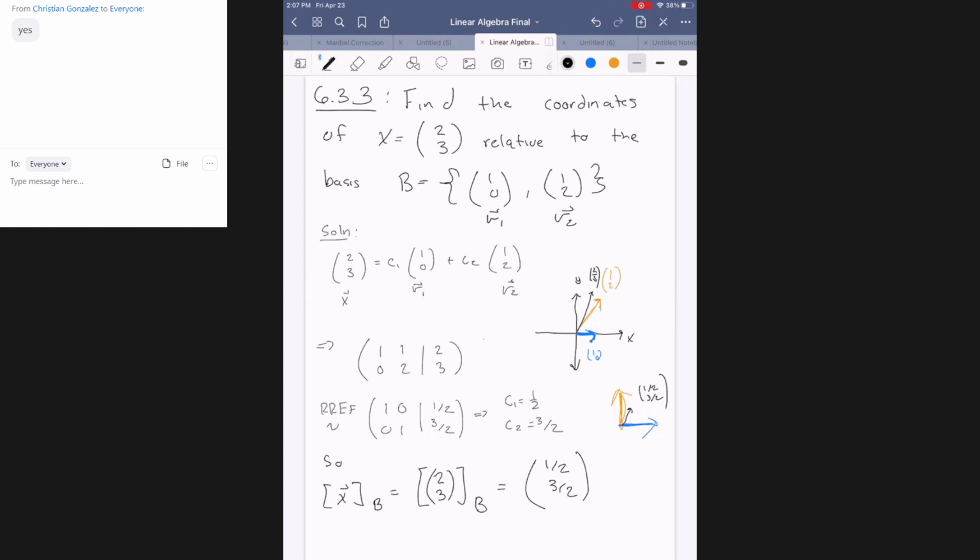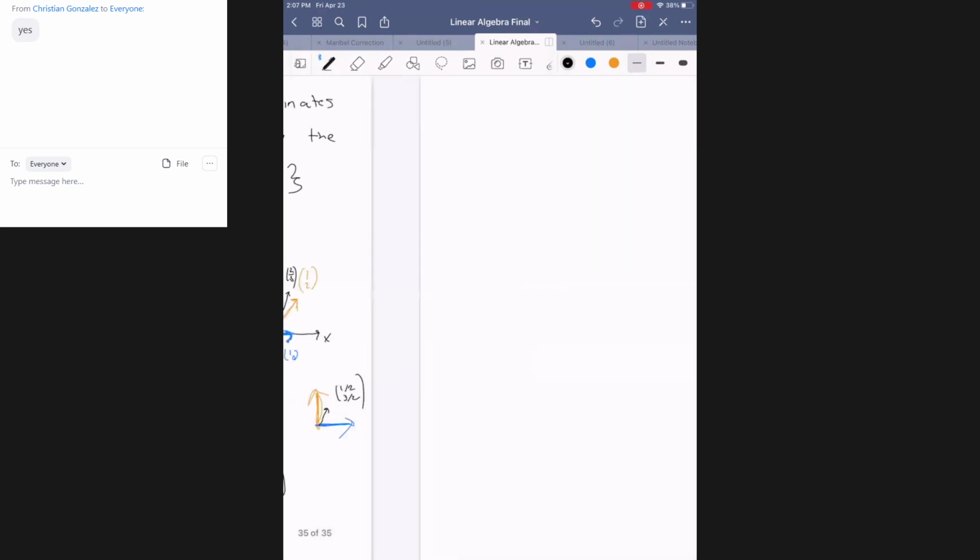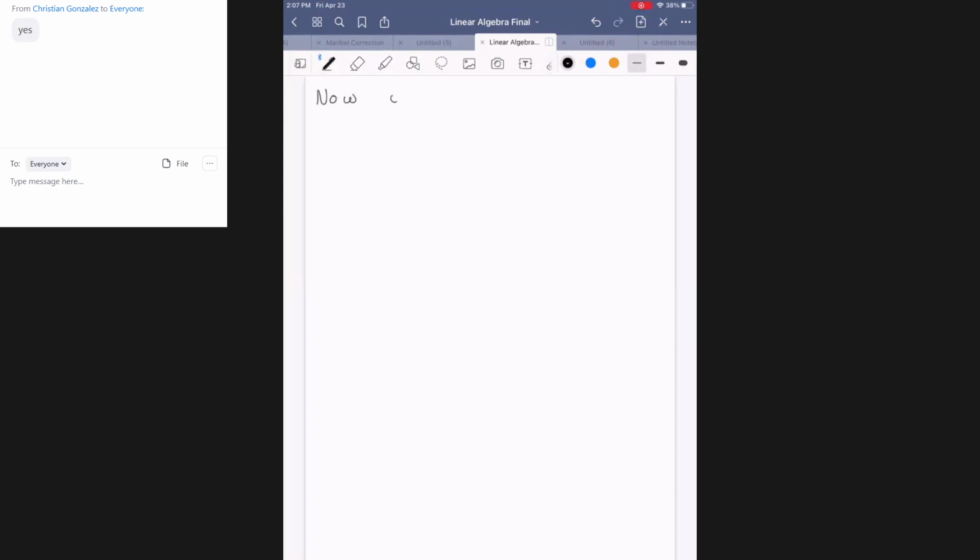So now we find the transition matrix from coordinates B to B prime. Okay.